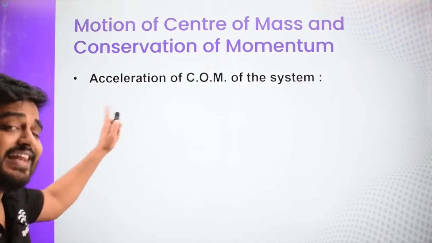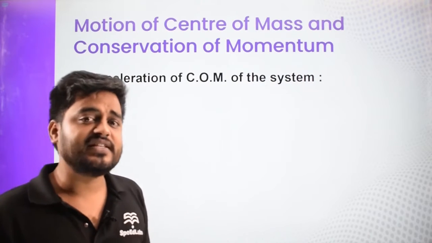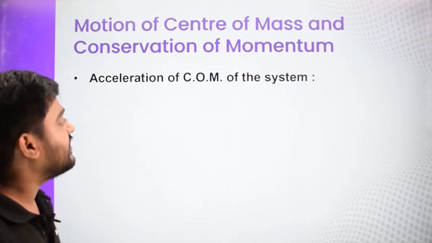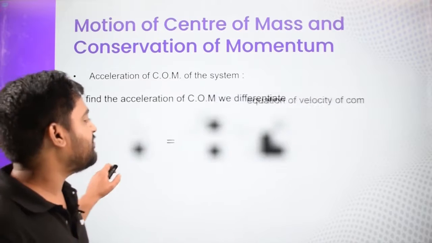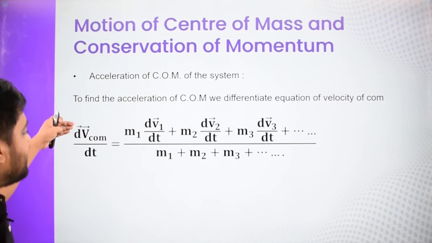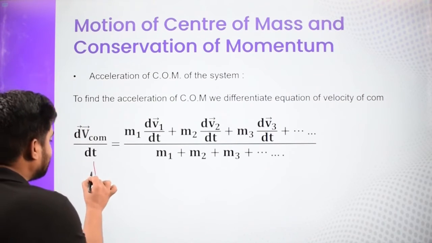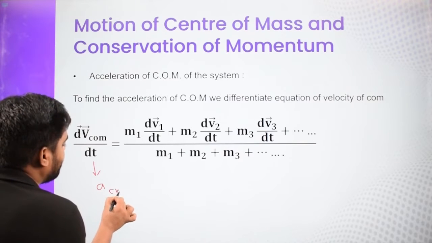Now let us get the acceleration. To get the acceleration, we can simply differentiate the relationship again. Once we differentiate the v_CM relationship, what we get is dv_CM by dt, which is the acceleration of center of mass.